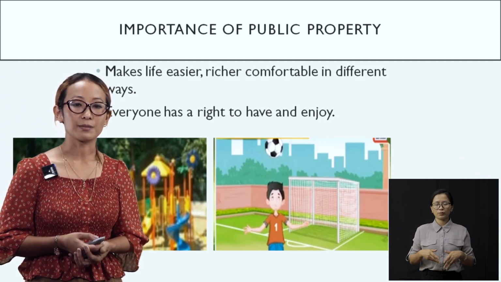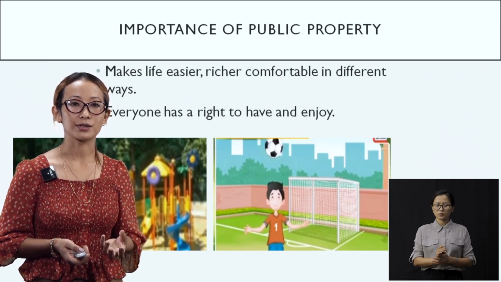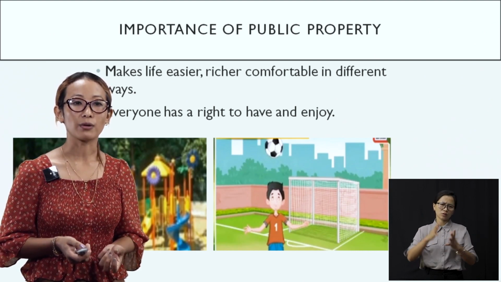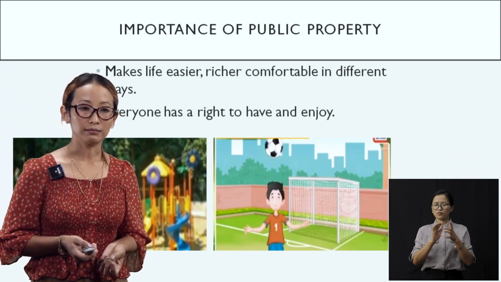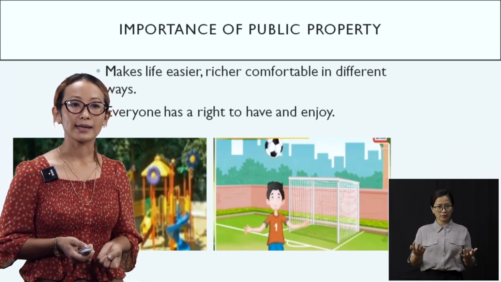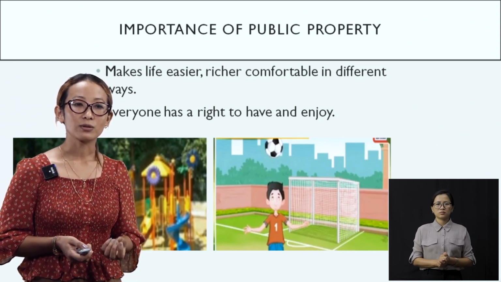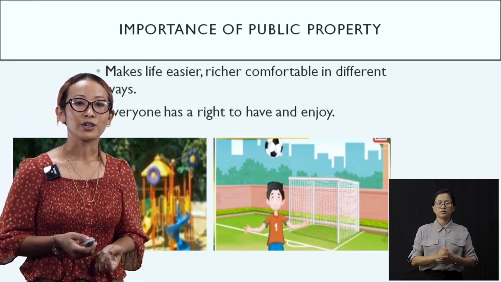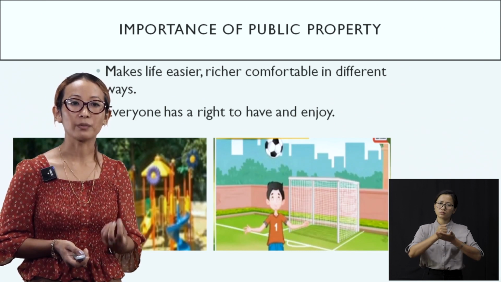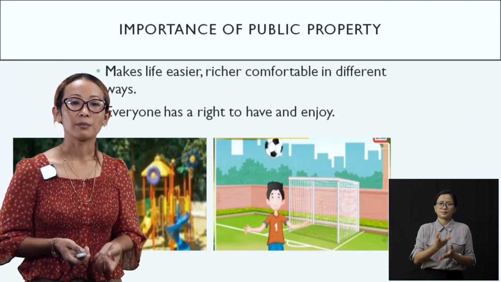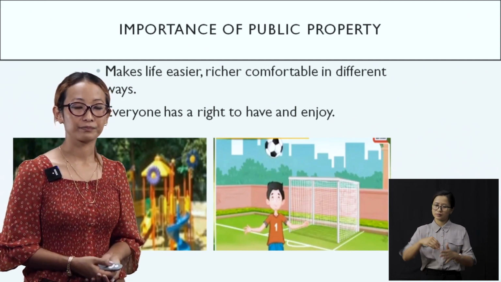So why public property is important is that since a single person cannot manage such a huge and valuable property, it is maintained and looked after by the public, and it also helps the public to enjoy and utilize it, and it helps us make our life very easy, because by having a playground it makes it easy to play football over there.